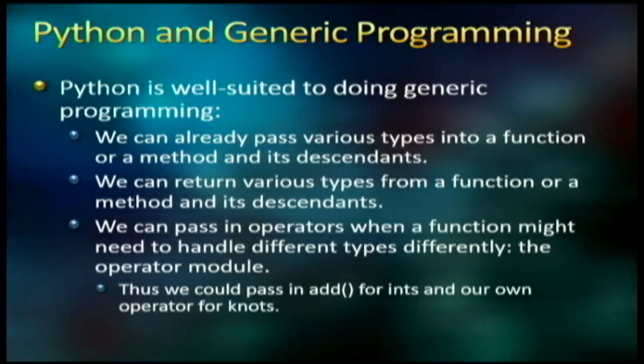Python itself is well suited to generic programming because it's typeless. Stepanov and Rose are working in C++. Stepanov, of course, did the C++ template library. And there you've got to do a lot of work because it's a strongly typed language.